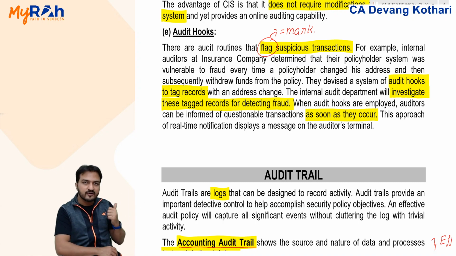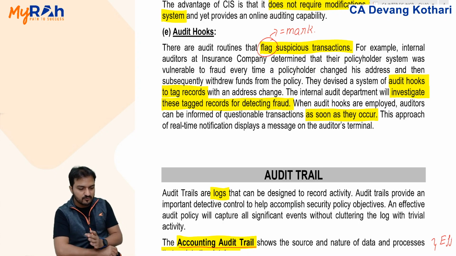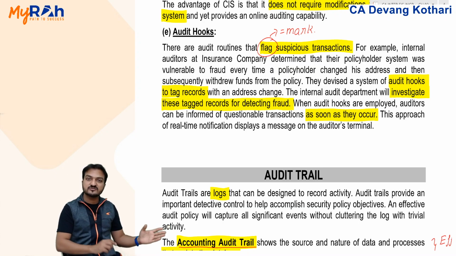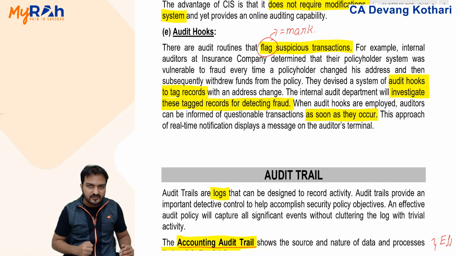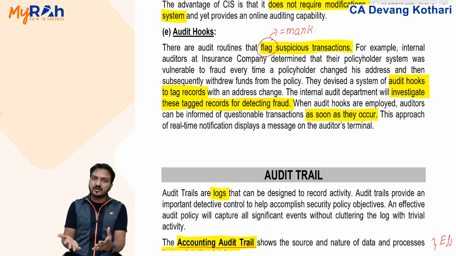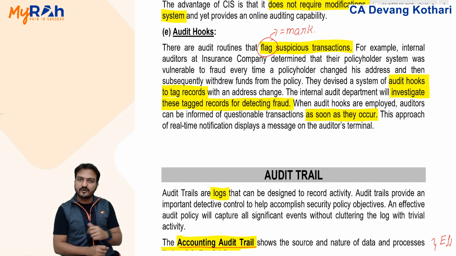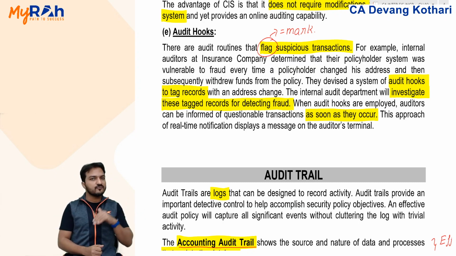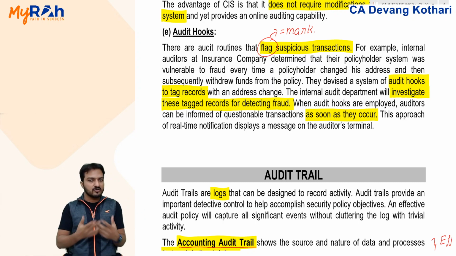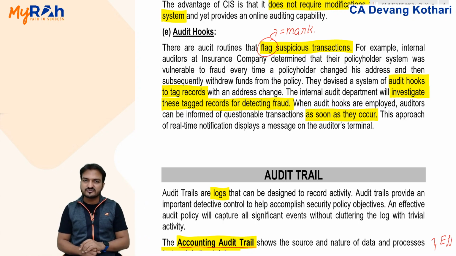So all the past transactions where the customer applied for address change, even future address change requests, will be flagged by the audit hook software. Next time when I come to the company, I don't need to check all the transactions. I will only check the transactions flagged by the audit hooks software.